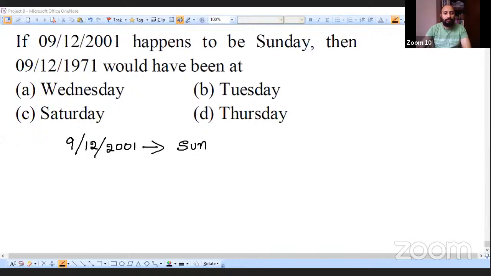Okay. So in 28 years, 1971 if I take, if I subtract this, how many years are we getting?